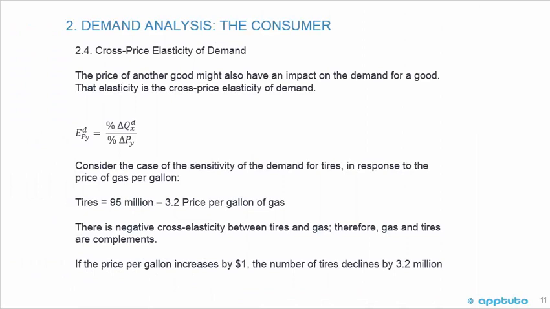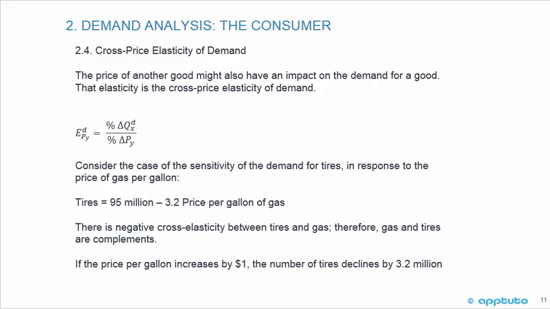Carrying on with the cross-price elasticity of demand, the price of another good might also have an impact on the demand for a good. That elasticity is the cross-price elasticity of demand. So we can see here we've got the formula for that. The percentage change in the quantity demanded of X may be influenced by the percentage change in the price of Y, okay?